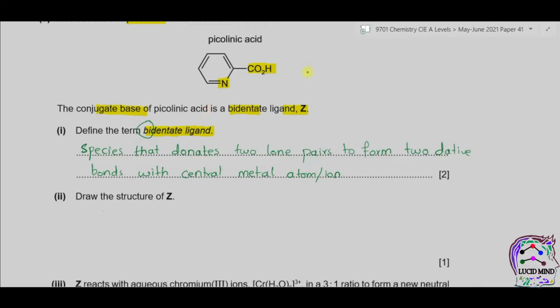Now we can first draw the structure. As this is picolinic acid, it can lose H positive. So the structure will be like this. We have nitrogen, 3 double bonds, COO negative. Now conjugate base means something that differs by a proton.